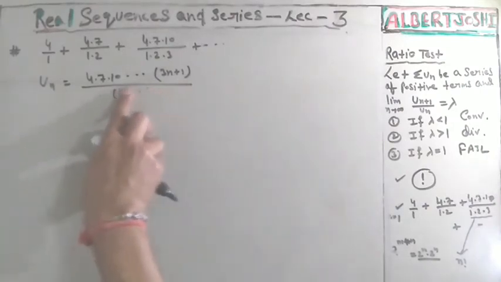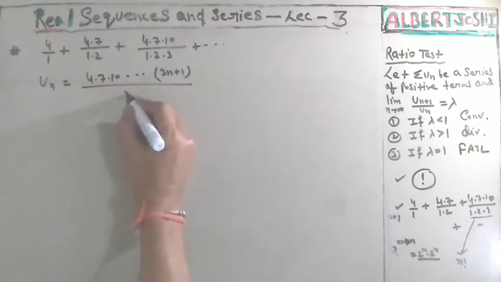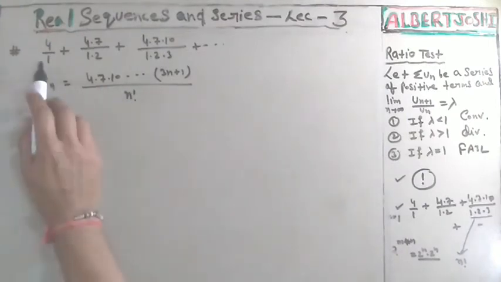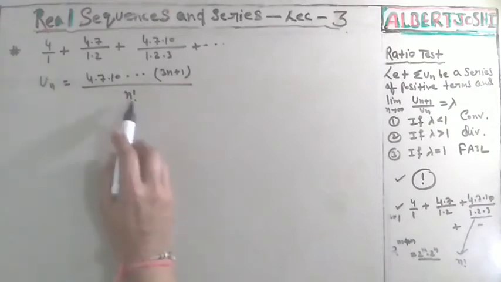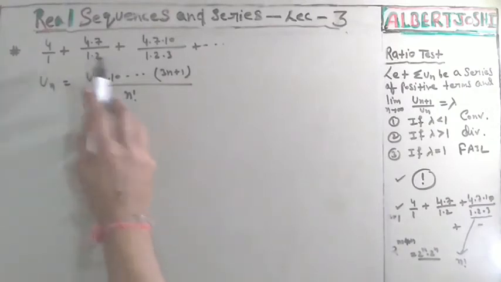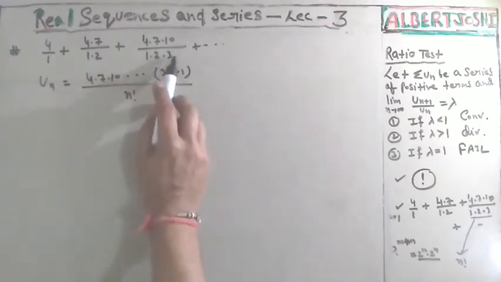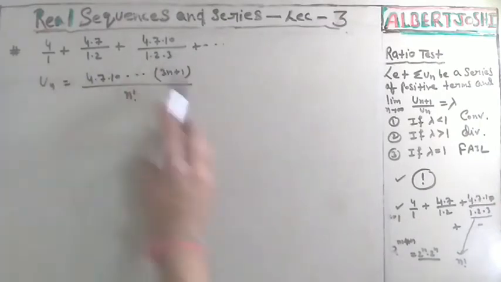Actually this is n plus 1 factorial, not n factorial. If you take 1 factorial, it is 1. 2 factorial is 1 into 2. 3 factorial is 1 into 2 into 3. So this is un.